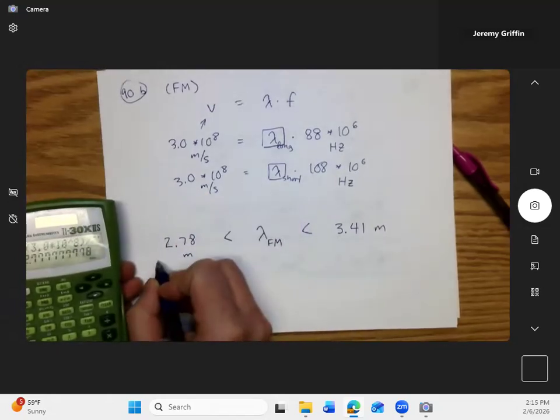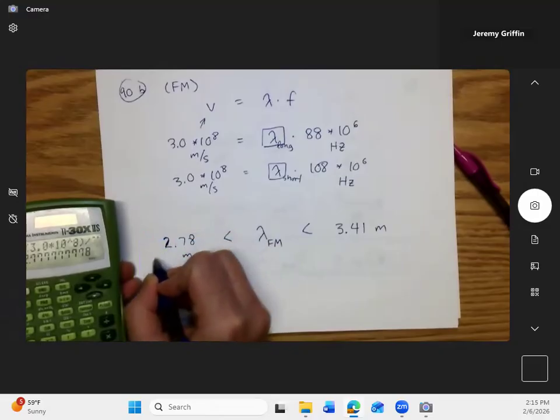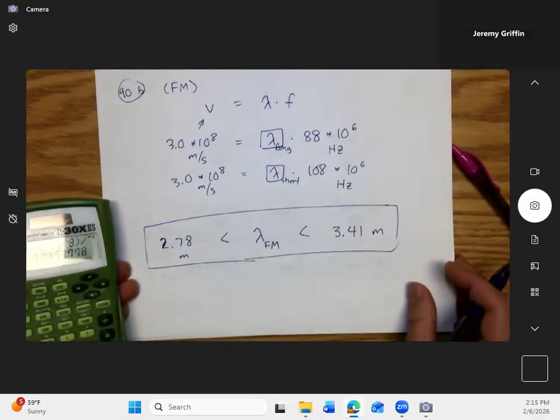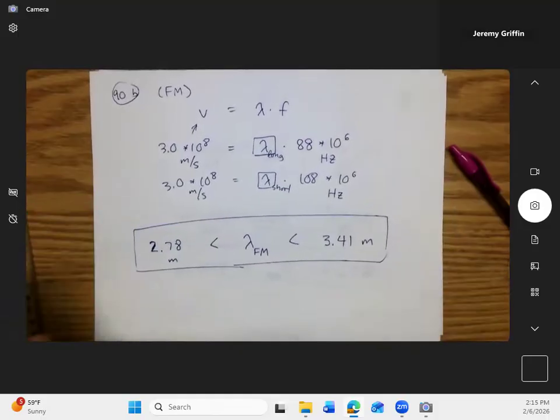Well, that's more comparable to the width of this room, about 2 to 3 meters. Yeah, about 3 meter long wavelengths. Yes, good.